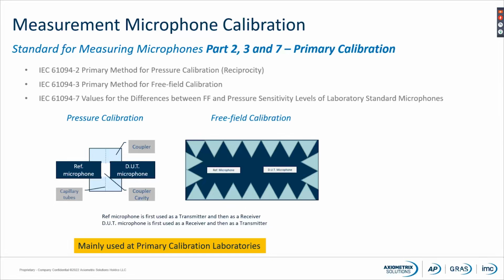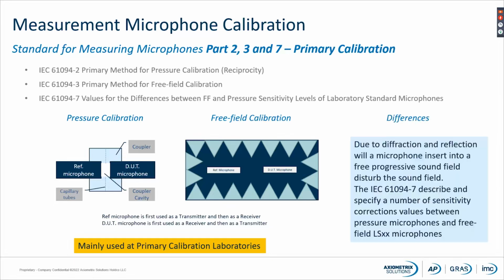Part 7, values for difference between free field and pressure sensitivity levels of laboratory standard microphone. And it's actually a description of how to compensate, to correct for the difference between a free field microphone and a pressure microphone.